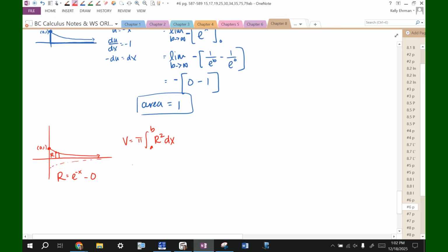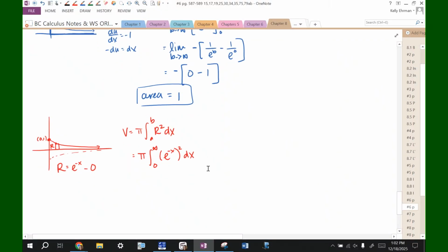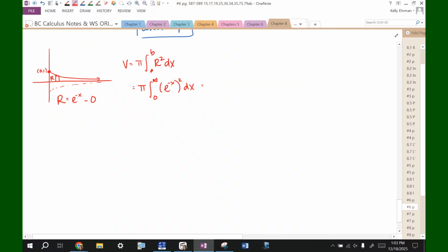Okay, so this would be pi times the integral from 0 to infinity of e to the negative x squared dx. Let's clean this up before we get into u sub. The limit as b approaches infinity of pi times the integral from 0 to b of e to the, when you raise an exponent to an exponent, you multiply your exponents, so it's e to the negative 2x dx.